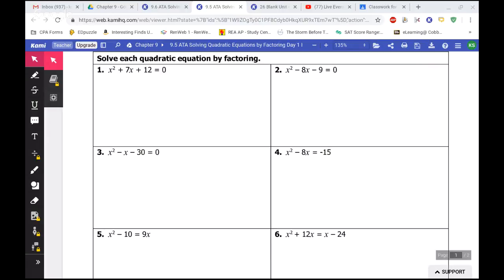We're just going to do a variety of solving these quadratic equations by factoring, because basically the only difference is that you're just adding that zero at the end. The things that we have been factoring in the past are just expressions, and these are equations. So there's really virtually no difference.